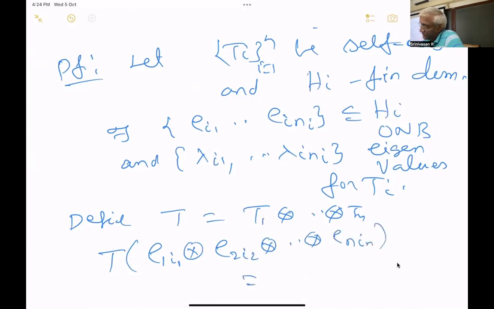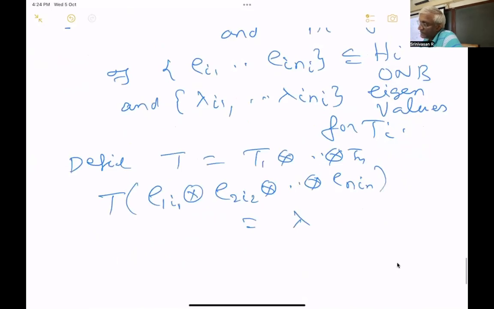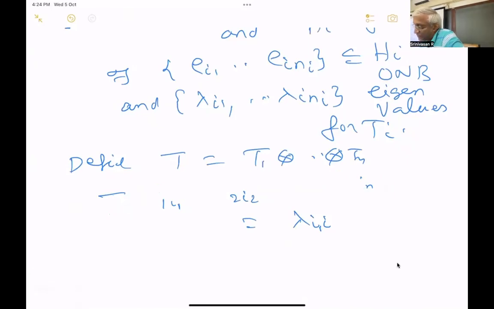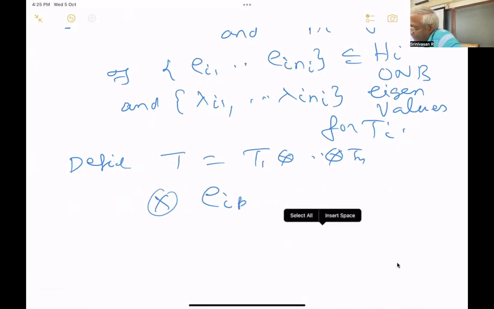Let me write it in a better form. You can just directly write the tensor product of e_{i k_i}, for i equal to 1 to n.